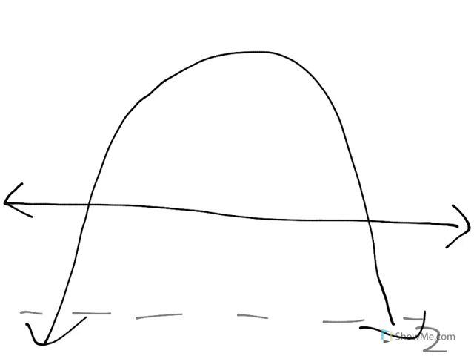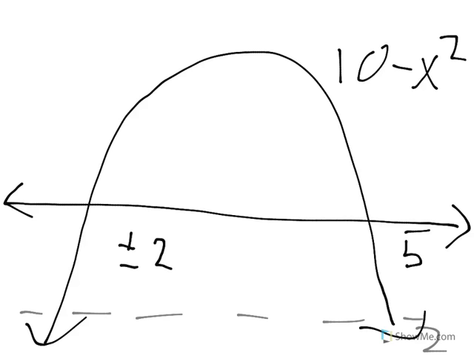And of course, this isn't exact, but it's a really good representation because I'm an excellent drawer. So we're going to have 10 minus x squared and y equals 5. So we're going to need to calculate a couple things. Point of intersections. So that's going to be plus or minus 2.236.